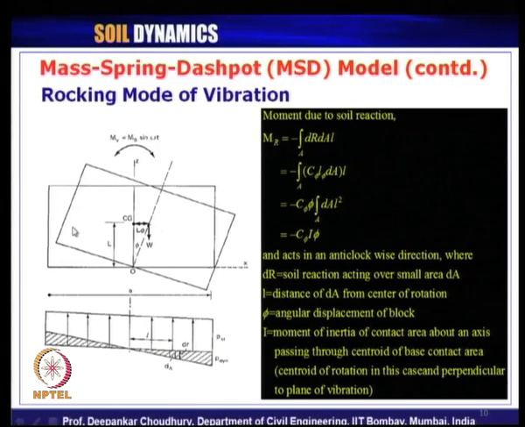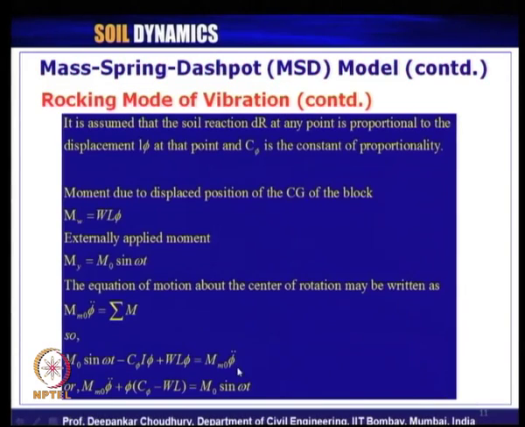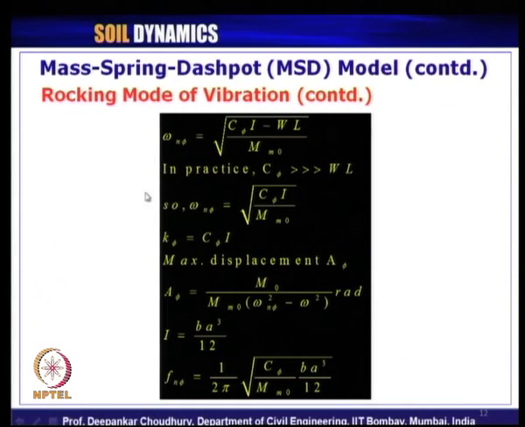generate the inertia component of the system, which is nothing but the mass moment of inertia about this point of rotation times the angular acceleration, phi double dot, if the angular displacement is phi. That way we had equated the expressions, and finally we got the expressions to compute omega n phi, and the maximum displacement amplitude A phi is calculated using this expression.